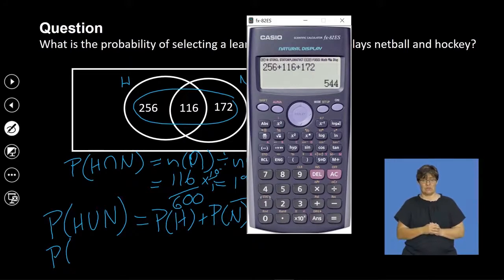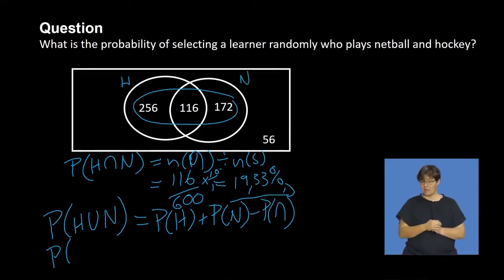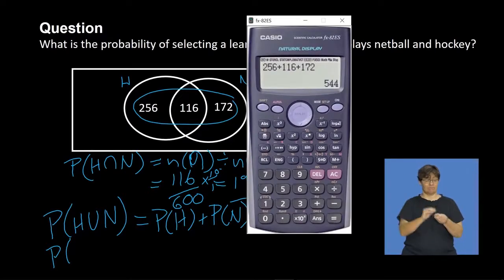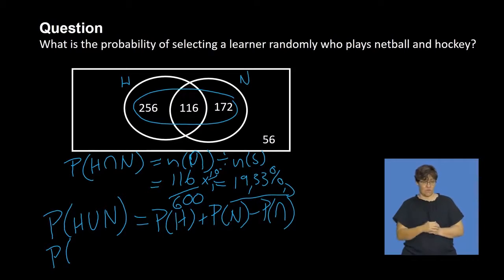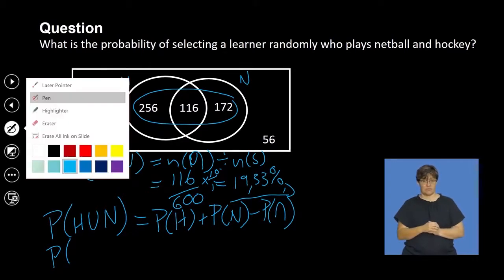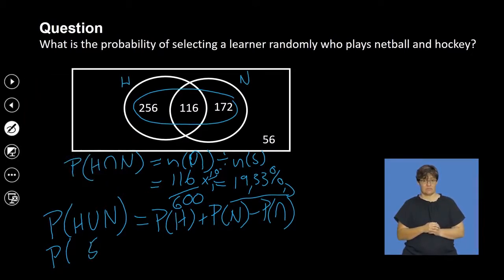And this will give us the total in the union. It's all of those that are playing some sort of sport. So the probability here will simply be the total number, 544, divided by 600.